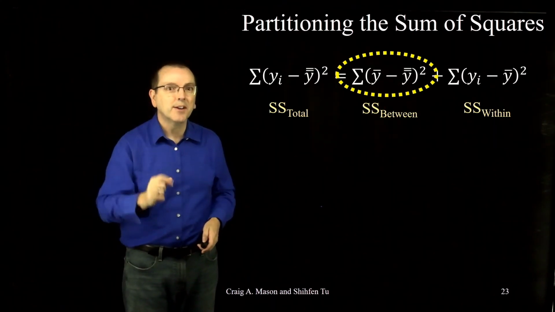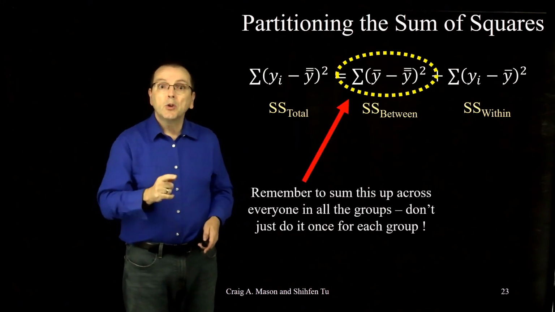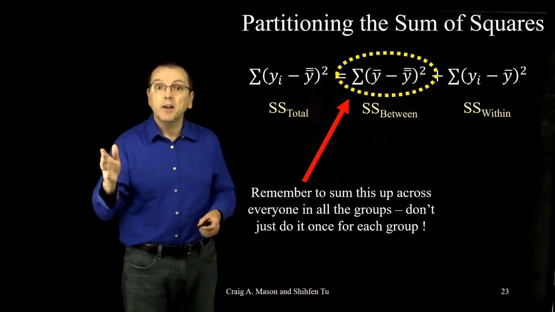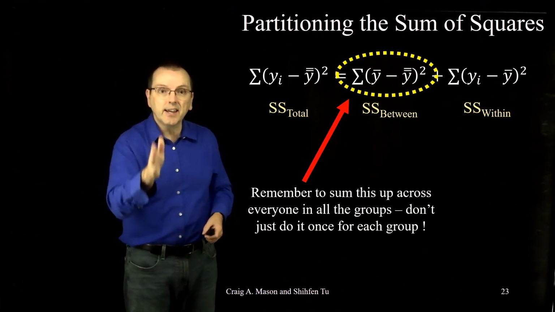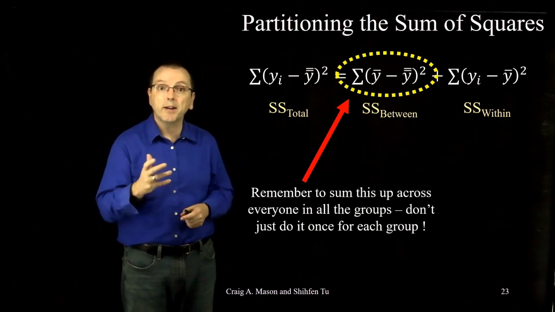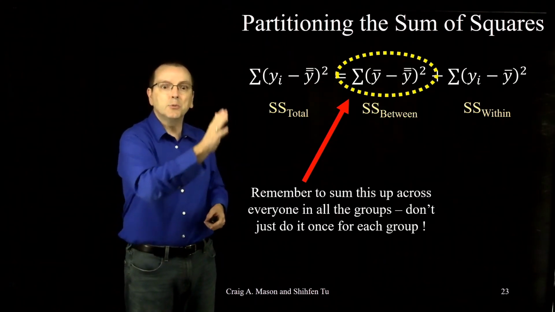And this is important. You don't just do it once for each group. You add up the group mean minus the grand mean squared for every person in each of the groups, because that difference, y bar minus y double bar, is part of every person's individual score.